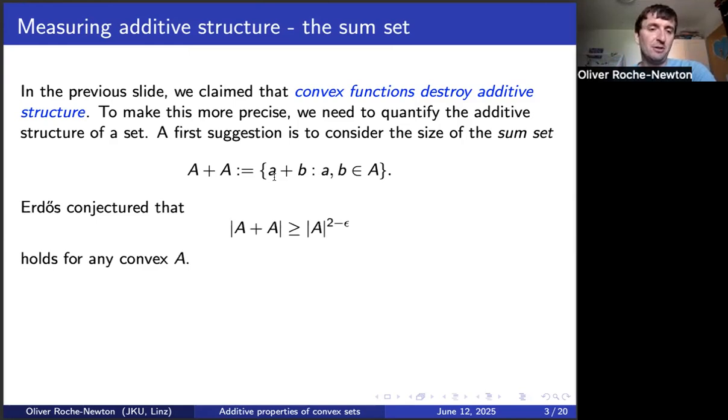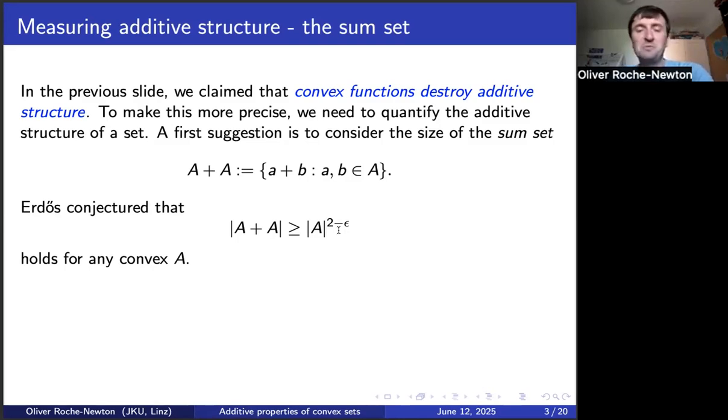So Erdős conjectured that for a convex set, this sum set is essentially as large as possible. So A plus A is always bigger than A to the 2 minus epsilon, and this should hold for all epsilon greater than 0, for A sufficiently large with respect to the constant epsilon.